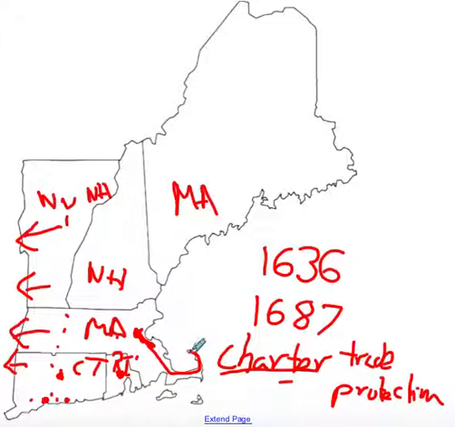And it's interesting because each colony essentially was self-ruled. They were essentially able to elect their own governments, completely independent of the British Crown.